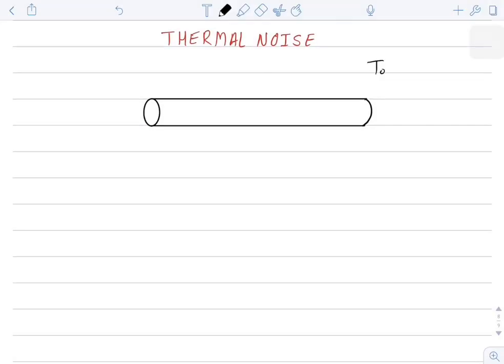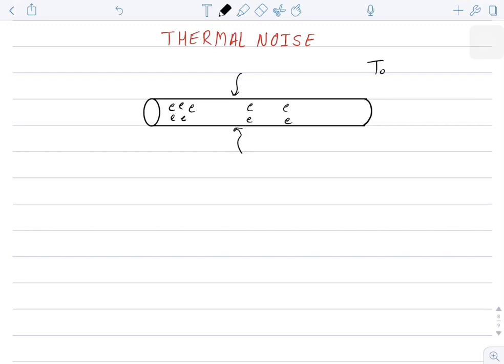Thermal noise. I have taken a conductor and I placed it at room temperature T0. Due to the effect of temperature on this conductor, some of the electrons in the outermost layer will jump from valence band to conduction band, which results in conductivity of that material.